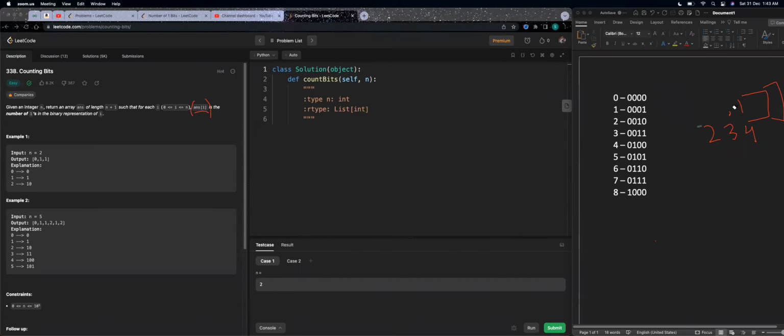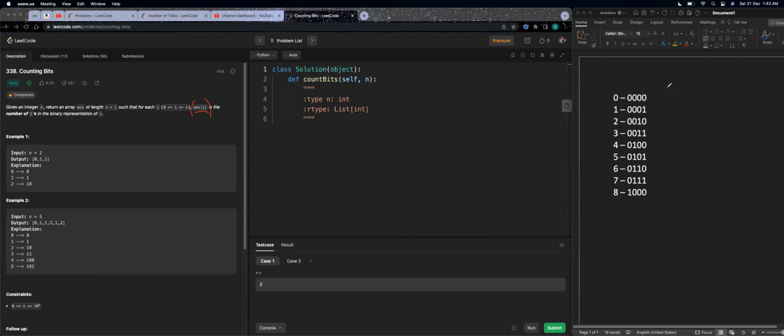To solve this problem, we would be trying to find a pattern in the given problem. Here, as we can see, we do have the binary representations of integers from 0 to 8.